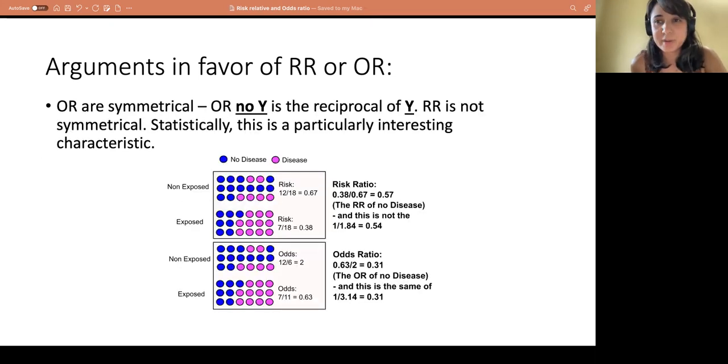One important argument in favor of odds ratio is that odds ratios are symmetrical. Why is this true? The odds ratio of no Y, or no death, or no disease, is the mathematical inverse, the reciprocal, of the odds ratio of Y, of the disease.